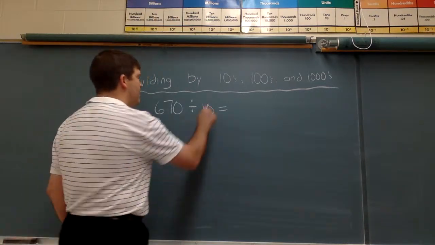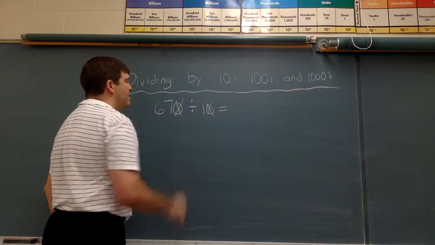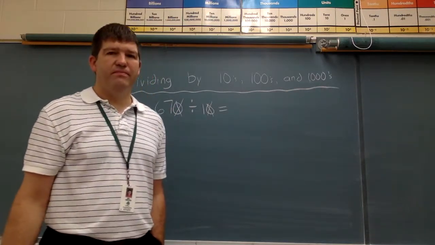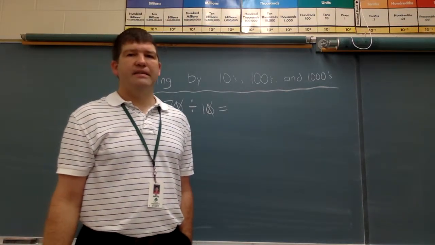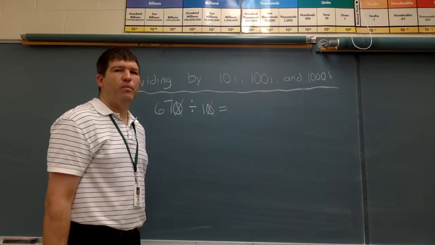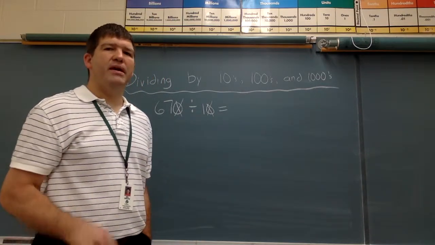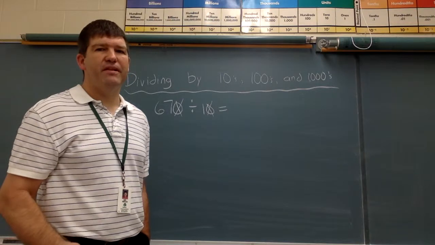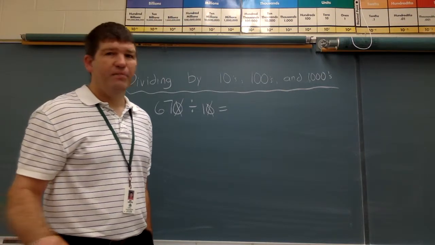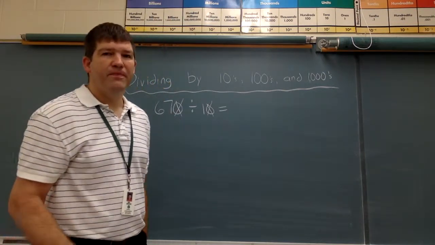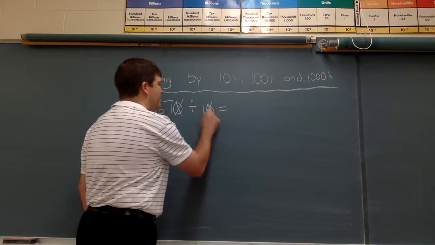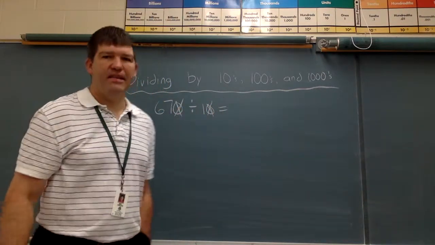So what I'm going to do is cross out that 0. And 67 divided by 1 is the same as 670 divided by 10. It will give us the same number because we're just taking away the same exact thing.